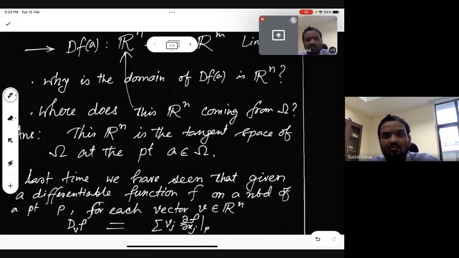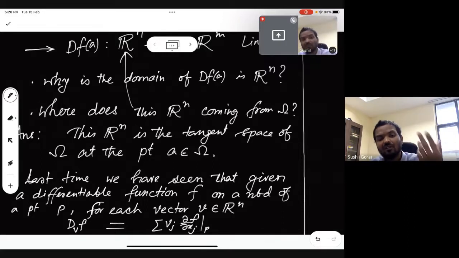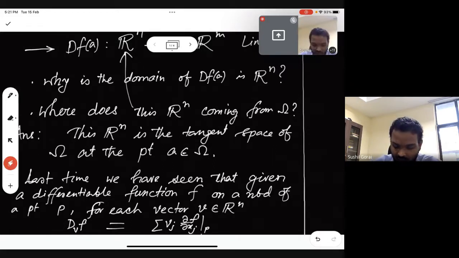Is this conceptually clear first of all? So corresponding to a vector, you have the directional derivative along that, and that can be written in this form, right? Is this fine?